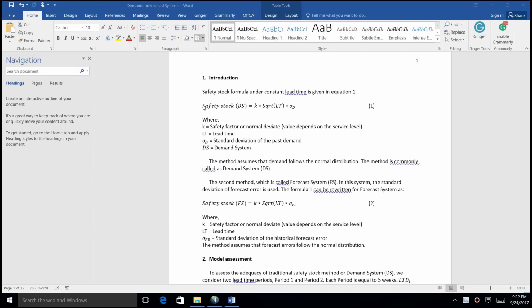As you can see on your screen, this formula, equation 1, is the same formula that we discussed in my first video. The only thing is I'm using k instead of z, so no difference. You still need to look into a z or normal distribution table against your customer service level.